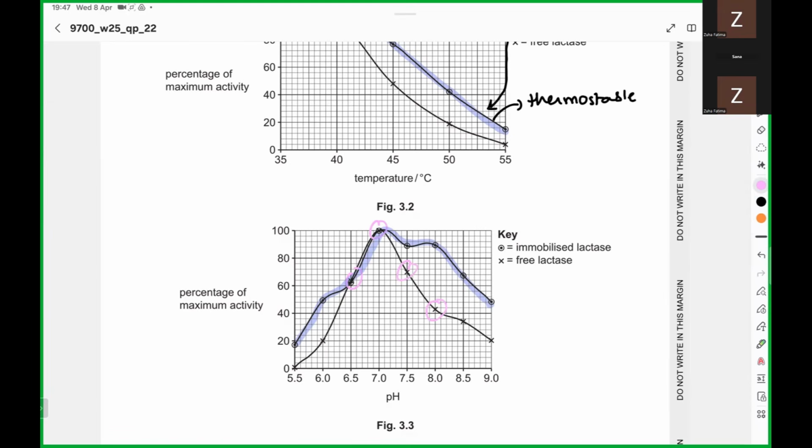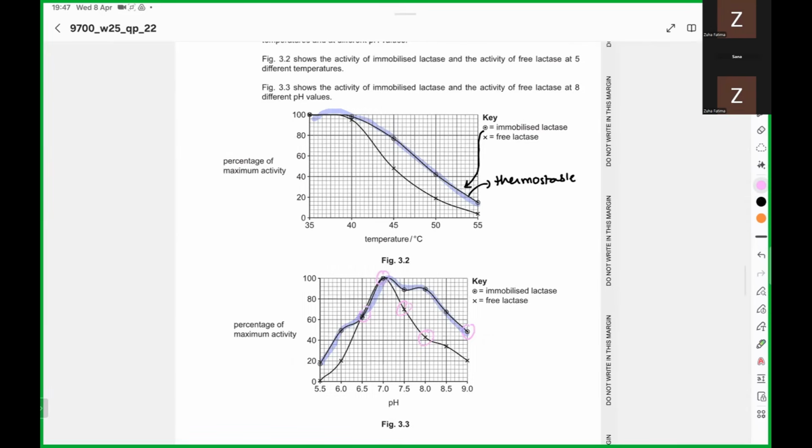But हमारे पास even pH 9 पर जो immobilized lactase की activity है, it is comparatively better than the free lactase. So हमारे पास with respect to different pH values and with respect to different temperature values, the overall productivity or the overall yield of immobilized lactase is better.